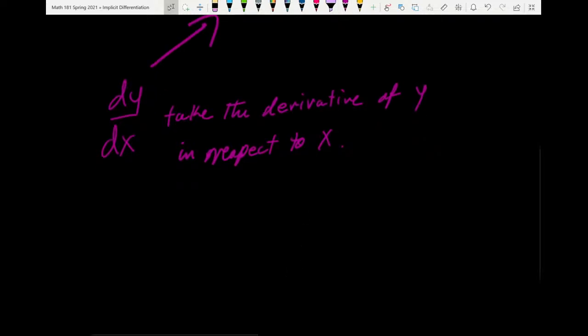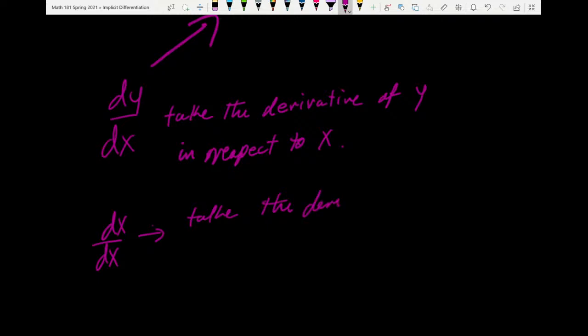Now, when we do implicit differentiation, you have dx over dx also. And this means take the derivative of x with respect to x.